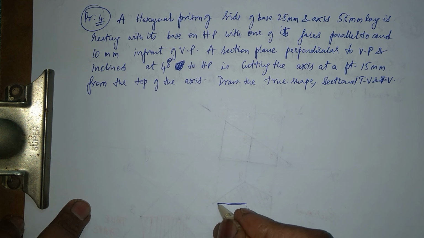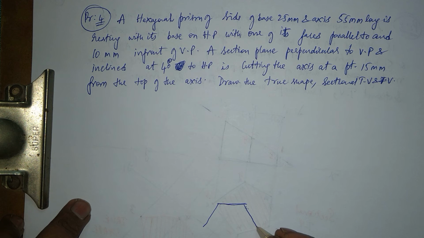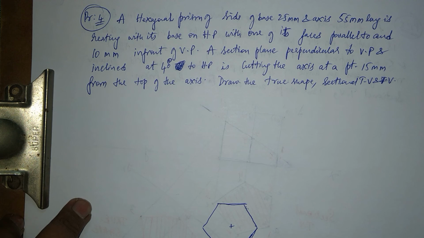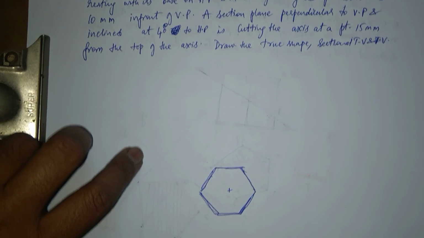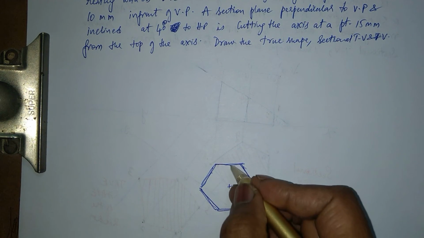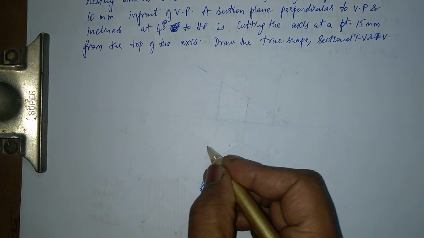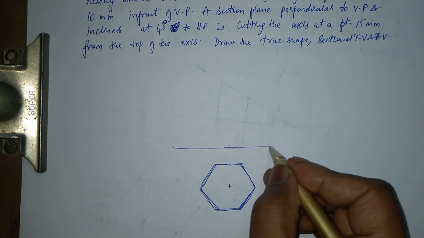It's a hexagon. From here, this edge is 10 mm from the XY line, so I'll draw the XY line here.